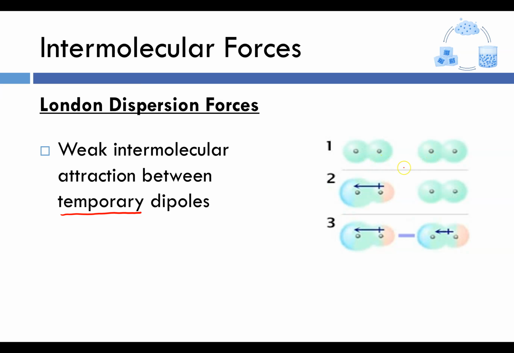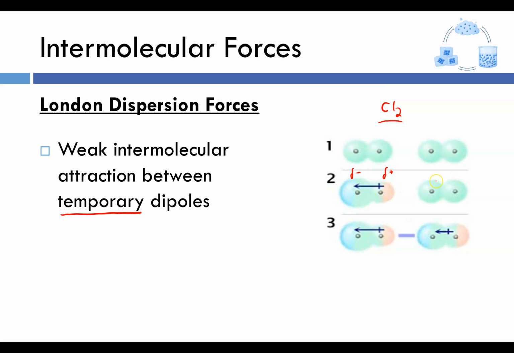Here we've got two nonpolar molecules, some sort of diatomic, maybe like chlorine. We know that the electrons are zipping all around in our molecule, so it's not difficult to imagine that at one point in time, you end up with more electrons on one of the atoms than the other, giving you a slightly negative and slightly positive split of the molecule.